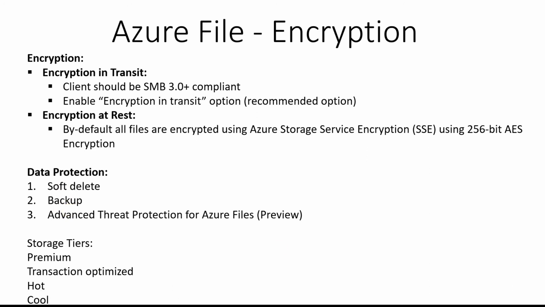And the third one is a very advanced feature. What if your file has a virus, right? I think the cloud world is going towards the security aspect. So there's something called advanced threat protection that you can enable. It's introduced very newly in Azure, in preview stage right now.